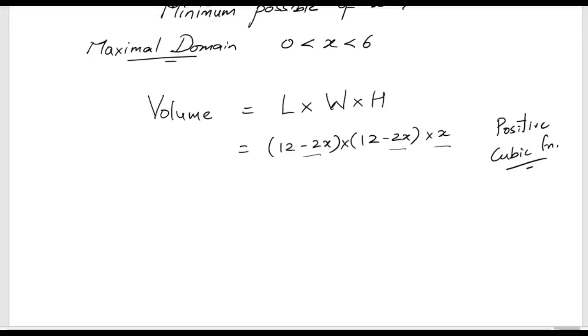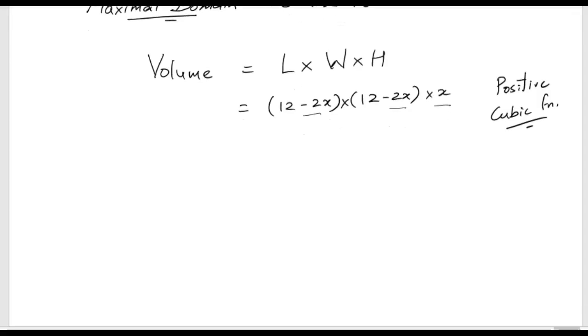Now if I consider my y-intercept, we make x equals 0. If I make x equals 0, the volume of the box is going to be equal to 0, which means it is going to pass through the origin, which is also one of the x-intercepts.